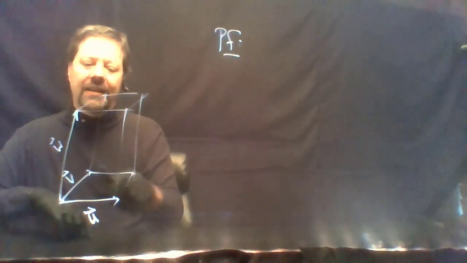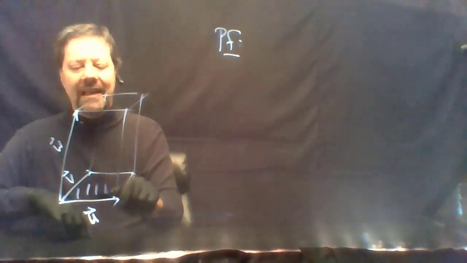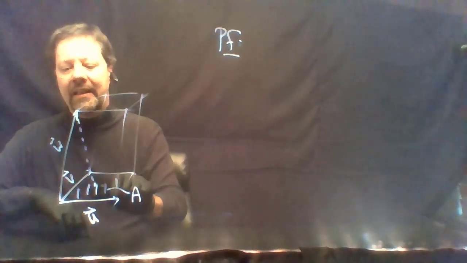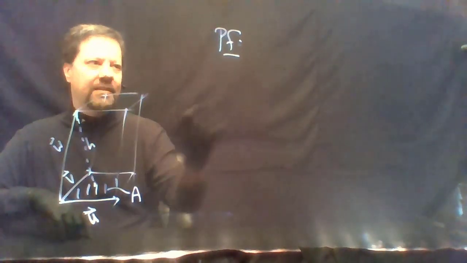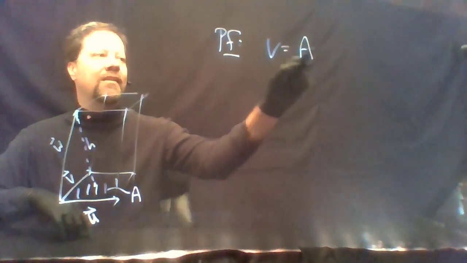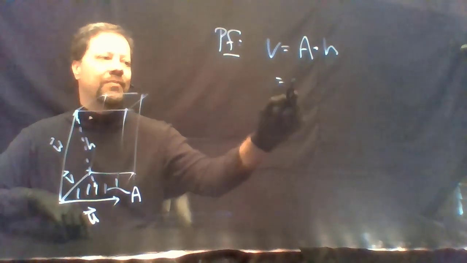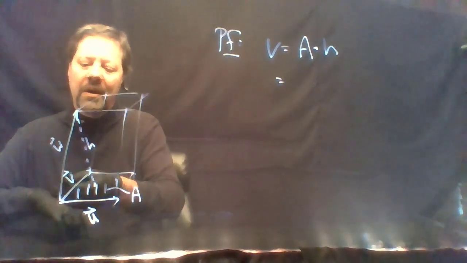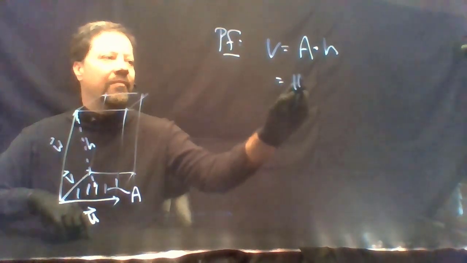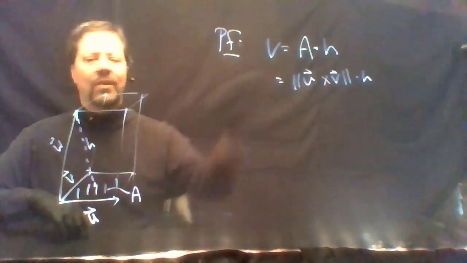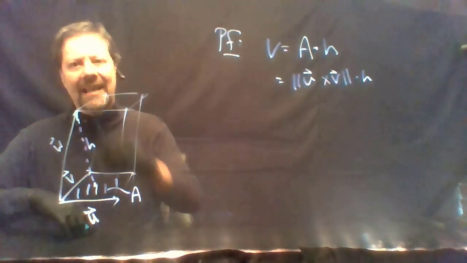In order to calculate the volume, what you can do is you can get the area of the base and multiply that by the height. So the volume is the area times the height. Well, the area is pretty easy to do. The area is the norm of u cross v. The question is, how do we calculate the height?